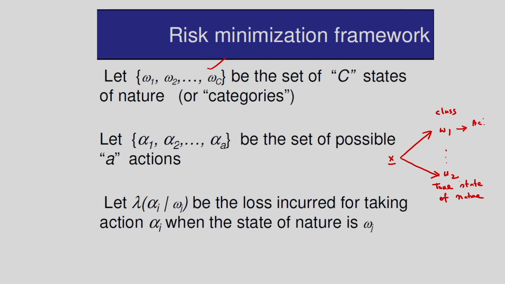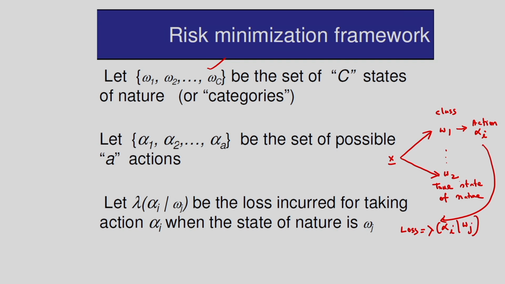So what are my actions? The action alpha i I am taking, and corresponding to this I can determine the loss. So what is my loss? Loss is equal to lambda of alpha i given Wj, that I can determine.